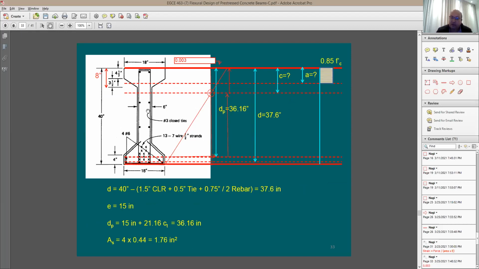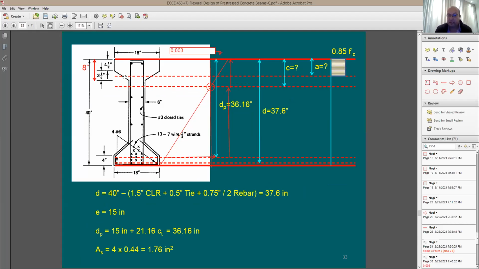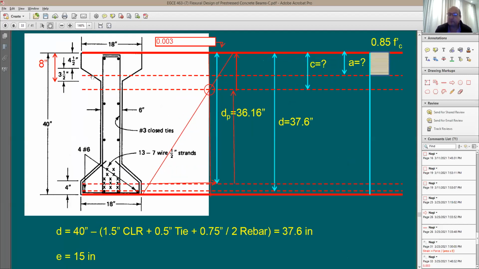Do you think it's going to be growing up or reducing? When you go to this area here and do a very detailed analysis, you assume that you have here 18-inch, but in reality, you're going to have a smaller width. What's going to happen to your a? Do you think it's going to be more than whatever you calculate based on 18-inch, or is it going to be smaller?